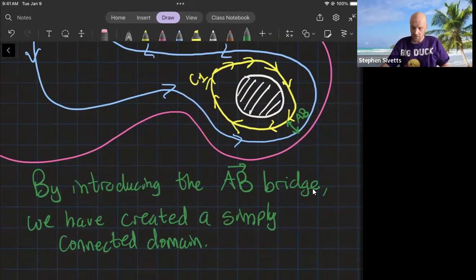So we can somehow create a simply connected domain by traversing C counterclockwise, going through this bridge AB, and then traversing back along C1 clockwise, I'll say, right?